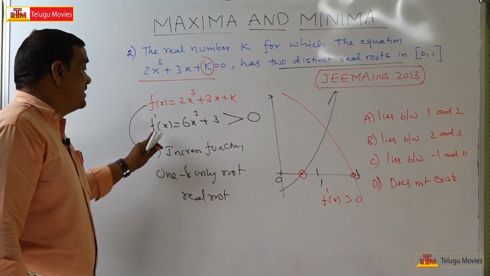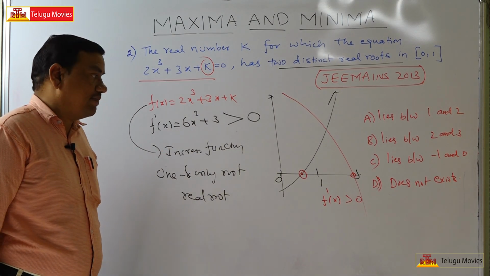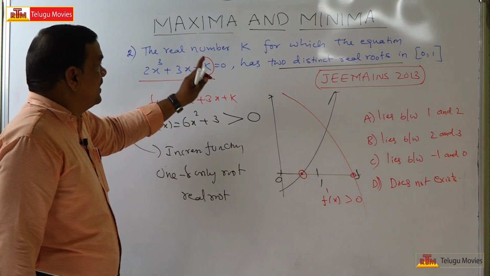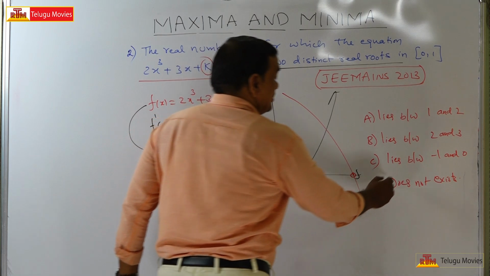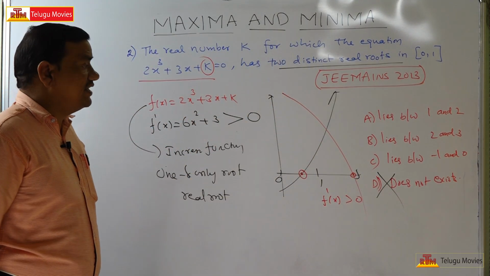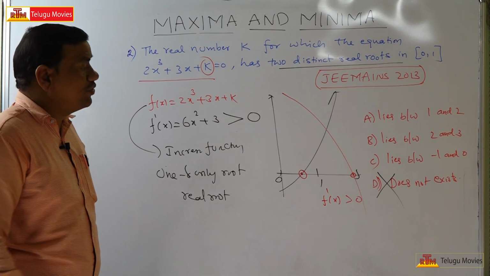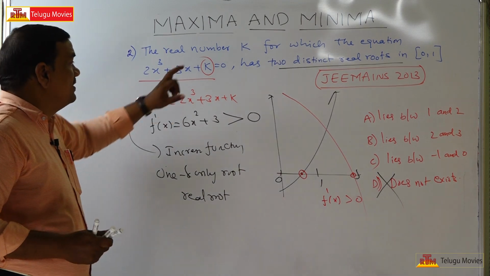Okay, now, since f dash of x is greater than 0 for all x belonging to real numbers, the real number k actually does not exist. It does not lie between 1 and 2, does not lie between 2 and 3, does not lie between -1 and 2, 0. So actually it does not exist, whatever this k value may be. Why?